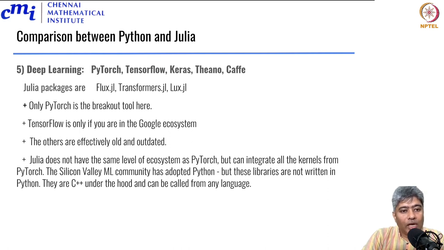Julia has Flux, Transformers, and Lux, and they're trying to catch up. I would say if you currently have a deep learning project, I still recommend you stick with Python, because Julia is trying to catch up, but I am pretty confident that in the next 3 to 5 years, Julia packages will be, if not better, at least on par with Python.